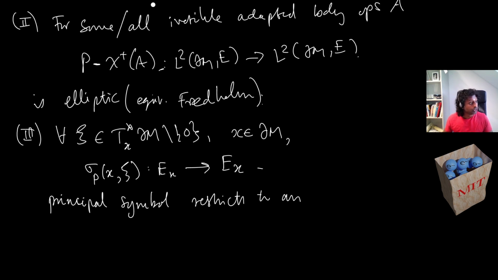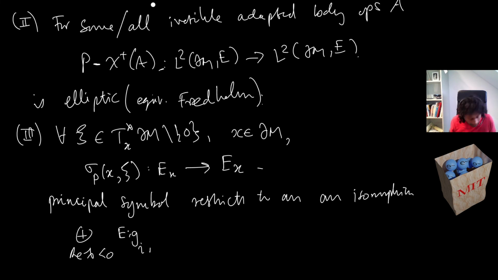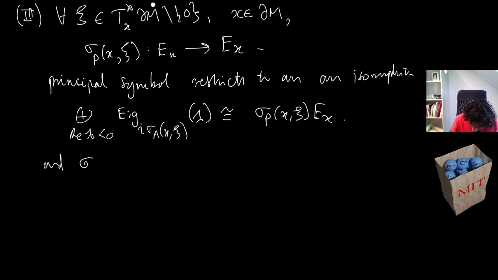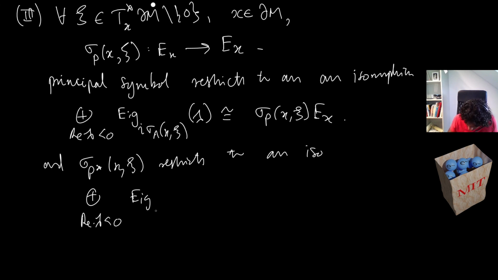Okay, the principal symbol of the projector restricts to an isomorphism from the real negative parts of the spectrum of i sigma_A(x, psi), the eigenspaces for lambda, to p(x, psi) E_x, and p star (x, psi) restricts to an isomorphism from the real negative parts of the eigenspaces of i lambda A adjoint (x, psi) to p star E_x.